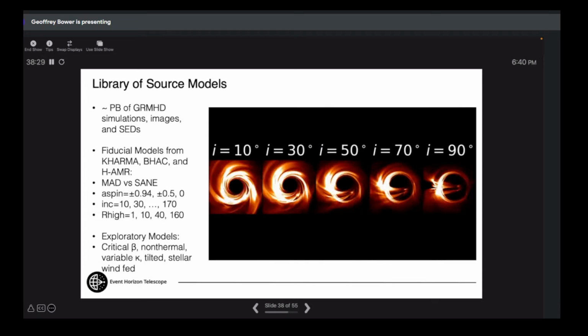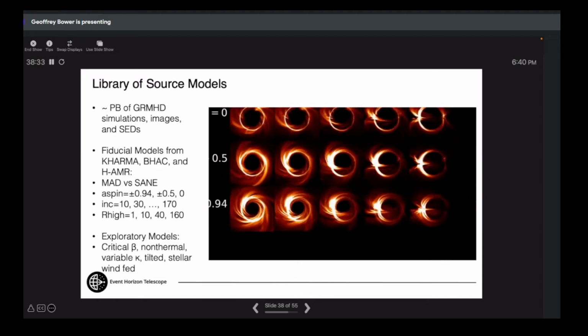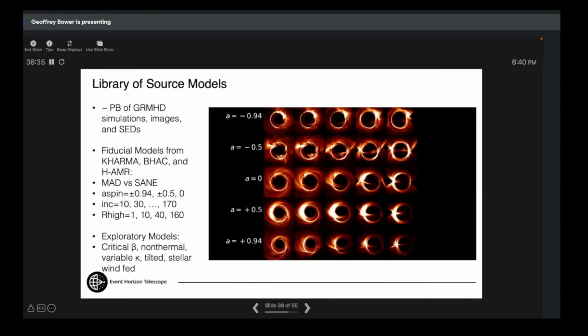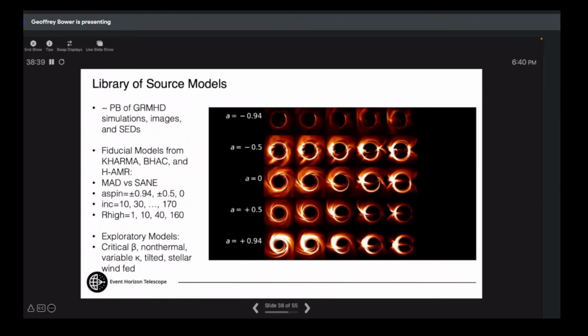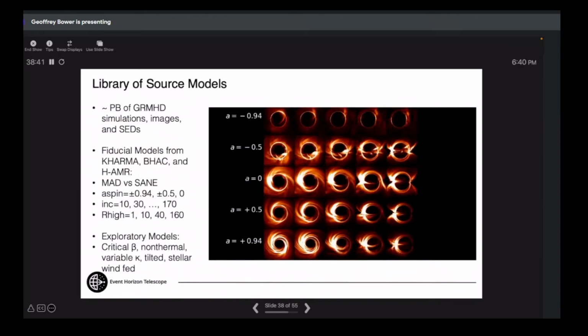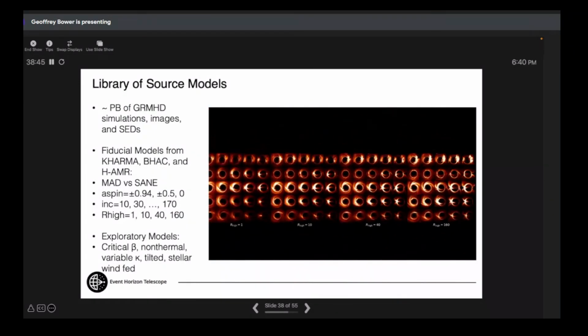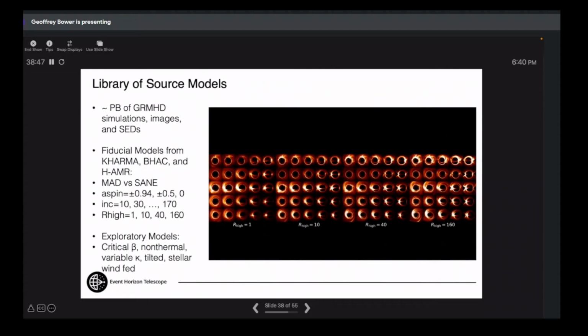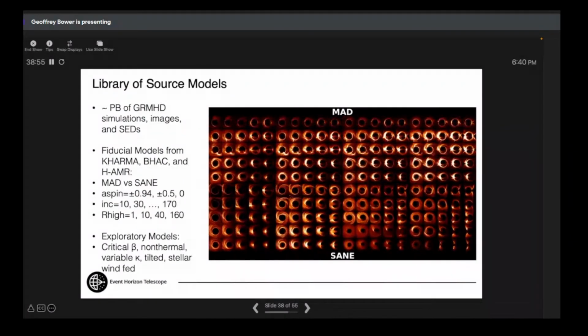So we ran an enormous ensemble of GRMHD models and ray traced them. So we look at inclination angle, black hole spin, retrograde and prograde. This R high parameter is a parameterization of the electron to proton temperature.